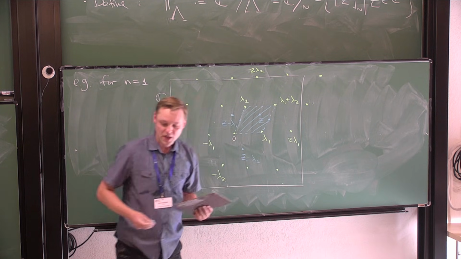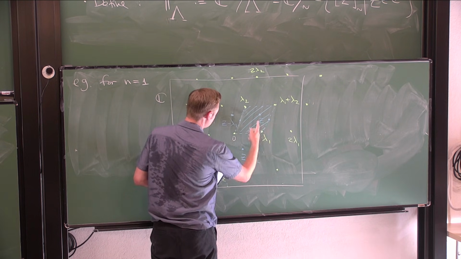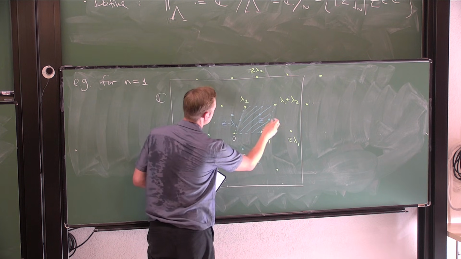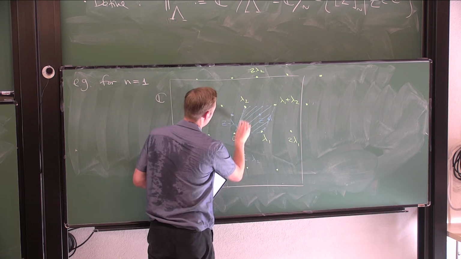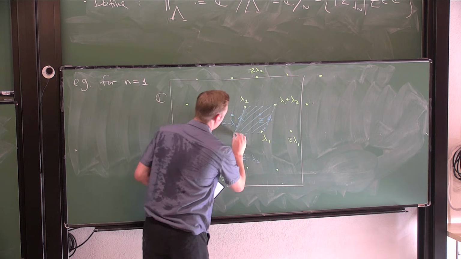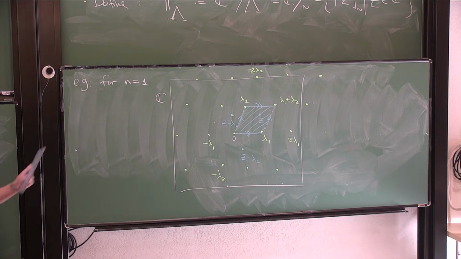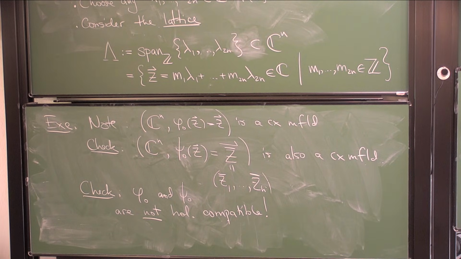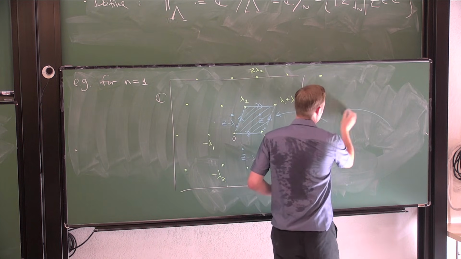But anyway, if I look at this, what I see is that this point is identified with this one, with this one, etc. And so what I have is that these sides are identified, and these sides are identified. And this picture hopefully rings a bell, because this is exactly how we describe a torus, a real torus.